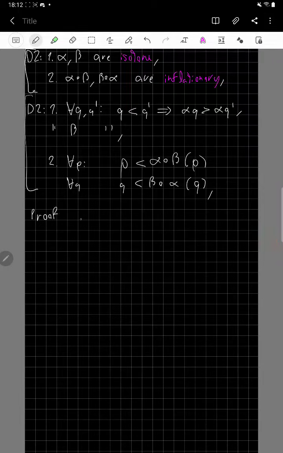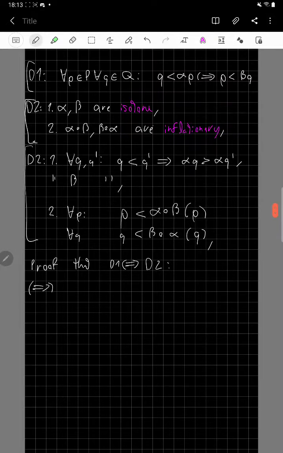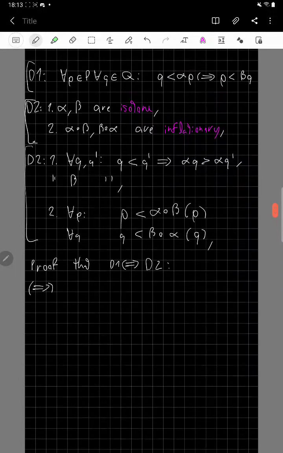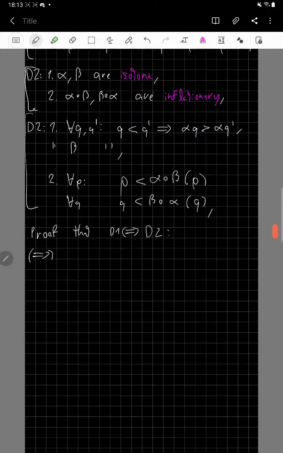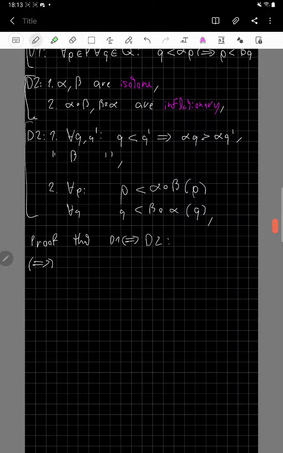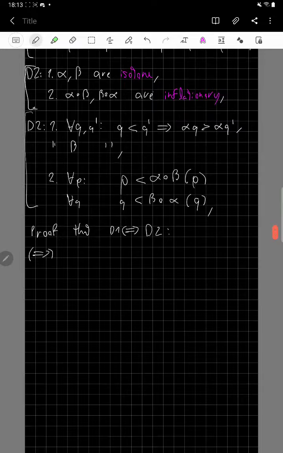Proof that D1 is equivalent to D2. Let's do the sufficient part. Definition 1 is sufficient for definition 2. This basically only ever lets us get inequalities from other inequalities.